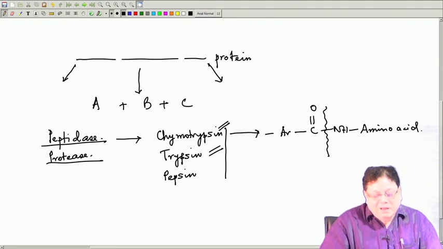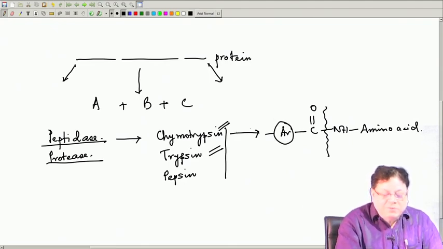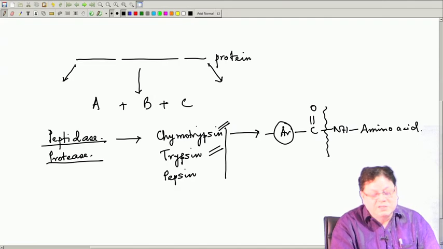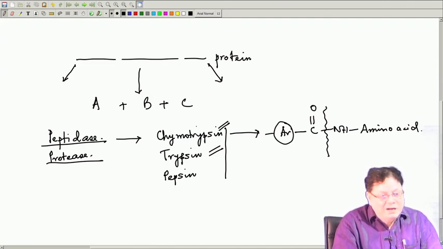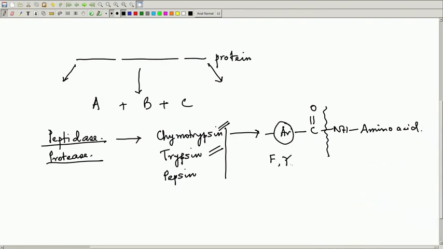What that means is chymotrypsin will cleave only when there is phenylalanine, that is one aromatic amino acid, remember those, then tyrosine, that is Y, and W, that is tryptophan. So these are the 3 aromatic amino acids.